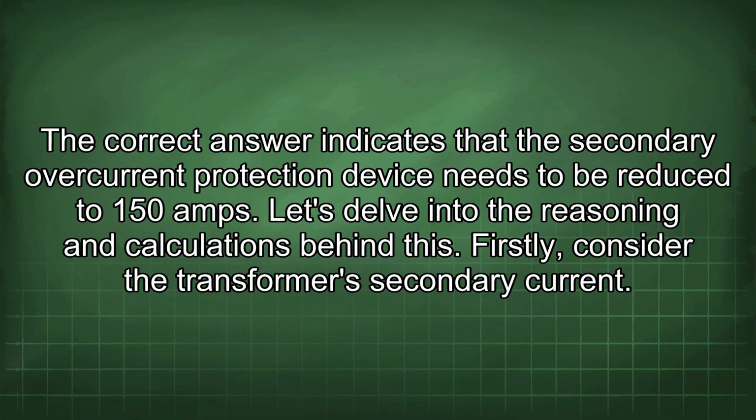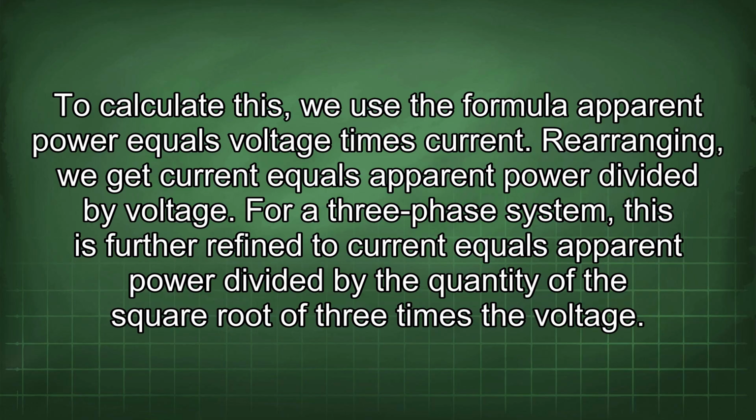Firstly, consider the transformer secondary current. To calculate this, we use the formula apparent power equals voltage times current. Rearranging, we get current equals apparent power divided by voltage. For a three-phase system, this is further refined to current equals apparent power divided by the quantity of the square root of 3 times the voltage.